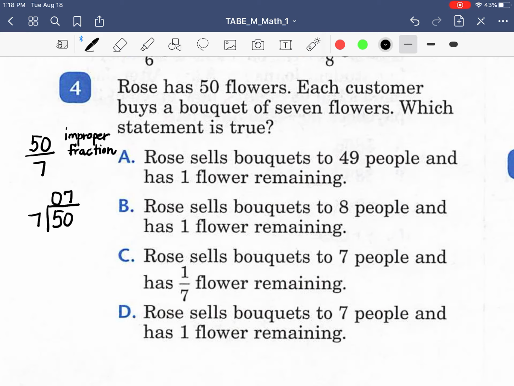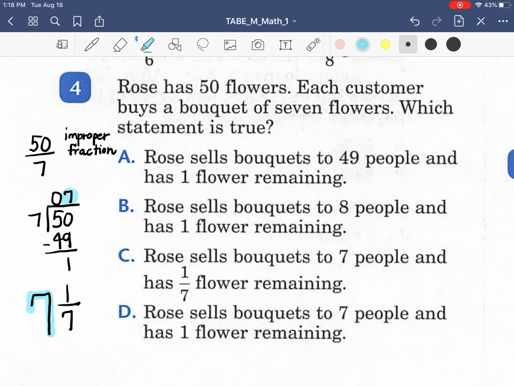That's as close as I'm going to get on that 7th finger. So 7 sevens are 49 with 1 remaining. And that is equal to 7 and 1/7.